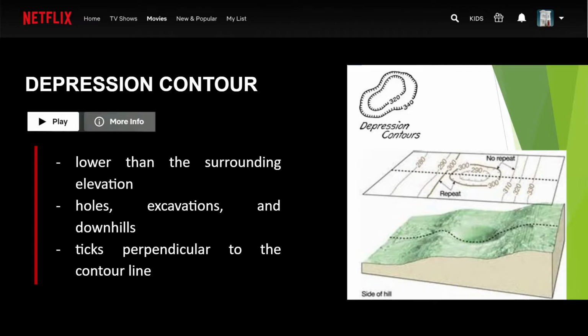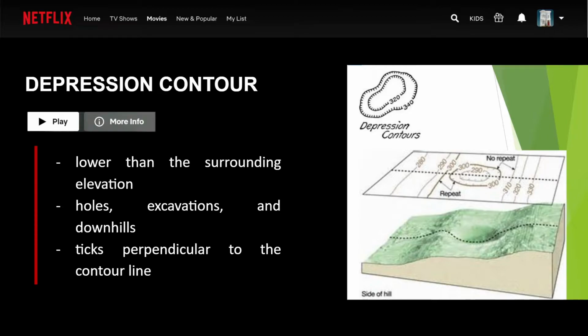The next type of contour line is the depression contours. These are lines that symbolize spots in a topographic map that are lower than the surrounding elevations, such as holes, excavations, and downhills where the contour closes. These lines can be identified as ticks perpendicular to the contour line.